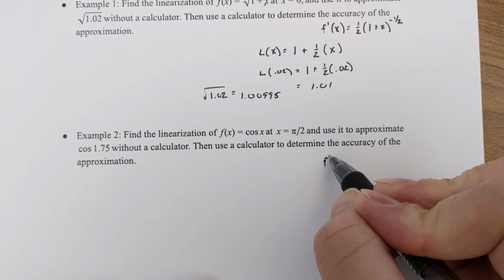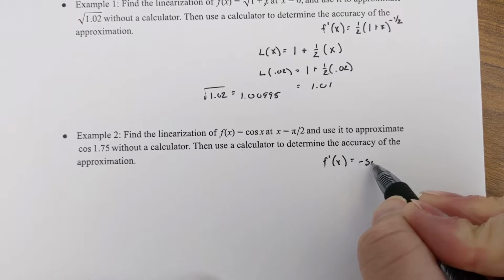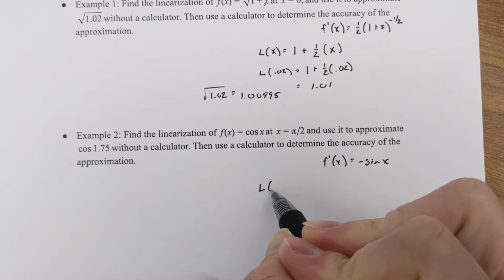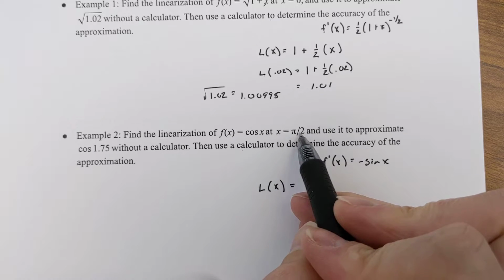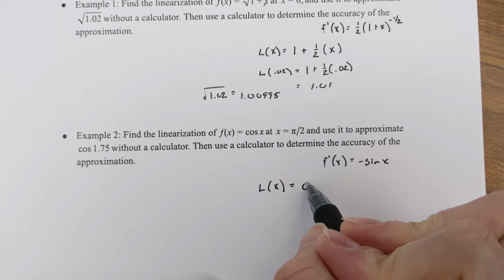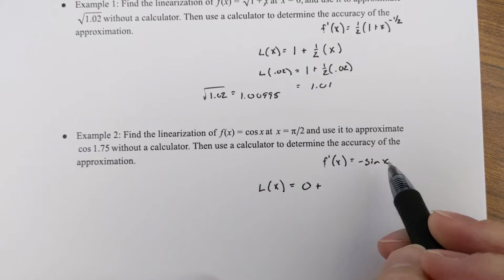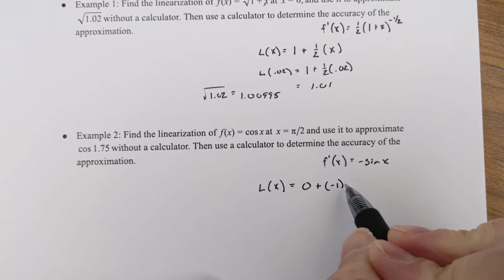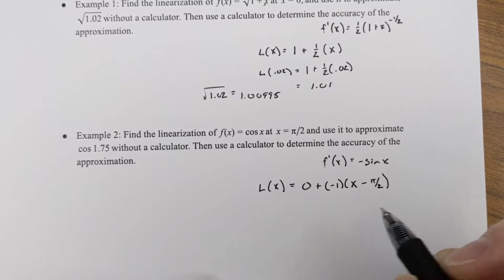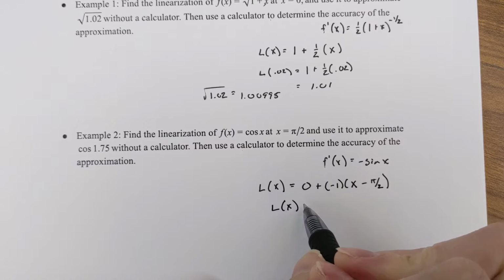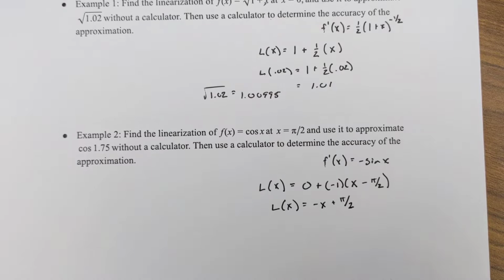So we need f prime. The derivative of cosine is the negative sine. So the linear approximation is f of a, so plug pi over 2 into my equation, which is 0, plus f prime of a, so plug pi over 2 into this, so that's going to be -1, and then it's going to be x minus pi over 2. So the linear approximation in this case is just -x plus pi over 2.